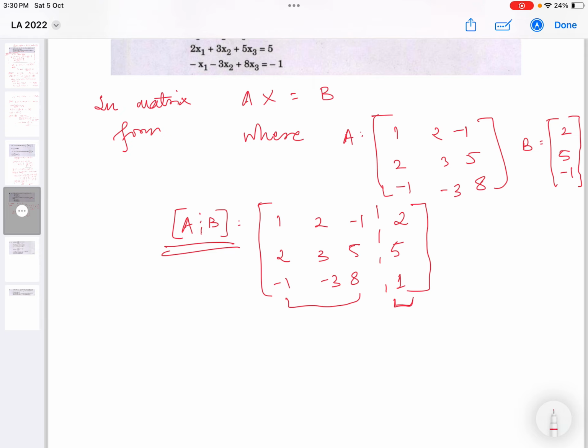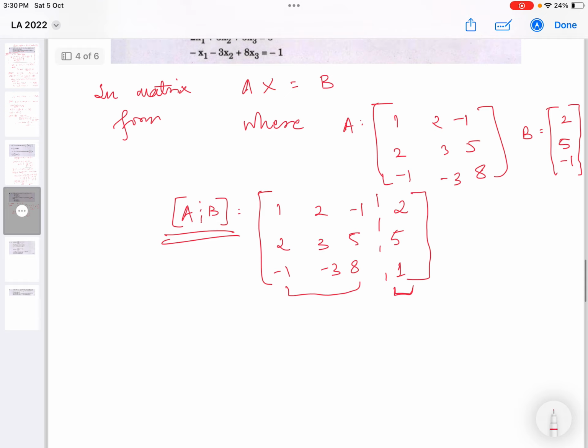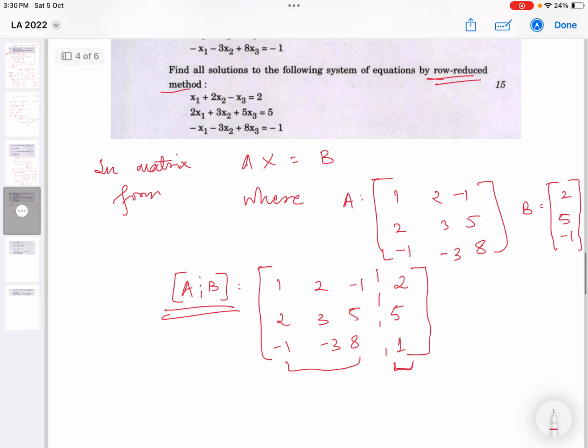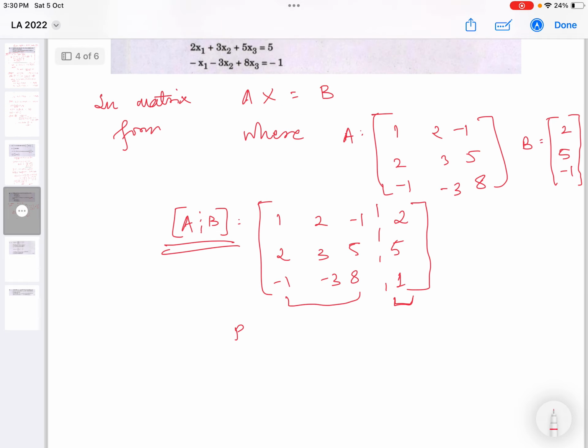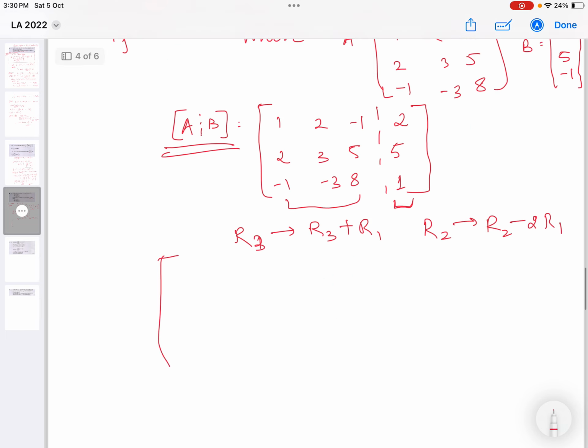Fine. So in order to do the row reduction, we need to make these entries 0. R3 becomes R3 plus R1, R2 becomes R2 minus 2 of R1. So we can make it.